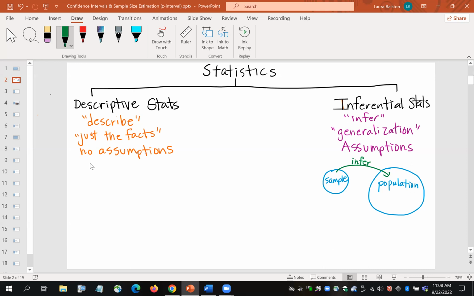We take what we know about the sample and we apply it and generalize it back to the population.